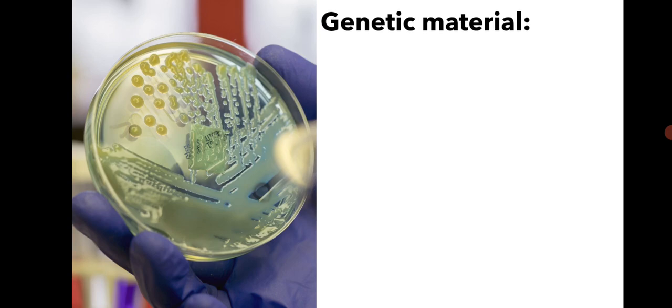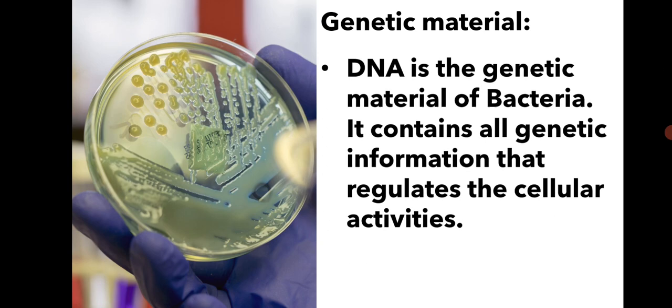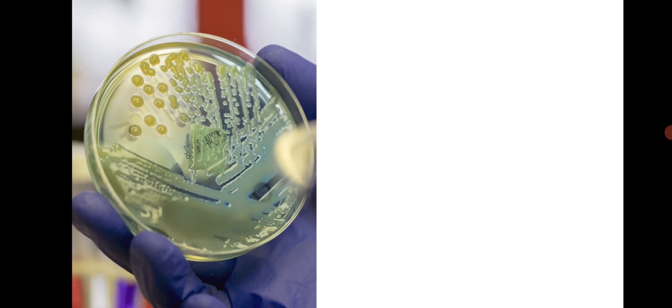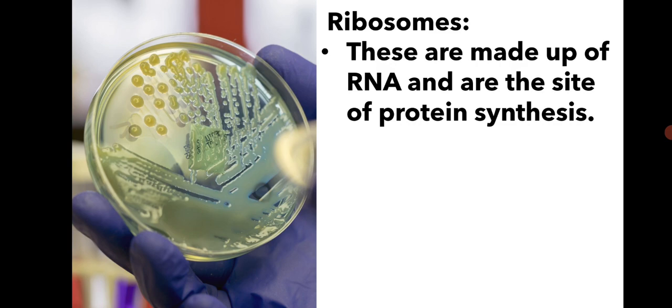Now, coming to the genetic material, DNA is the genetic material of bacteria, and it contains all the genetic information that regulates the cellular activities. Ribosomes, these are the sites of protein synthesis, and they are made up of RNA.